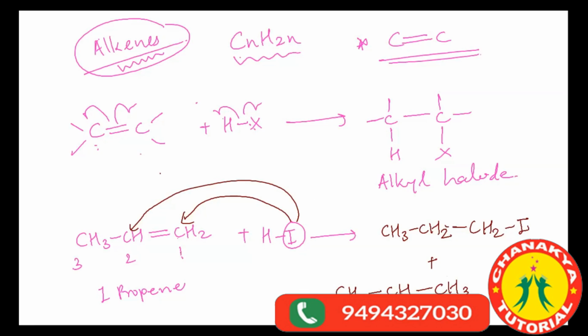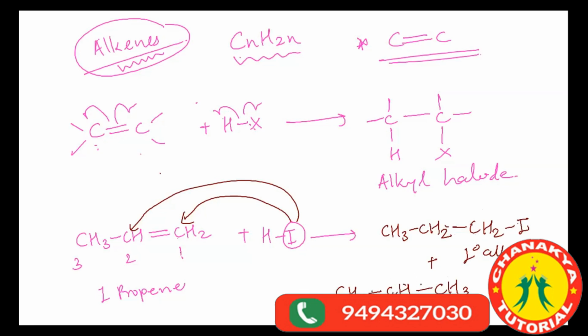Now, one product in this case would be major and another would be minor. So which one would be major and which one would be minor? Tell me. This is your primary alkyl halide, right? Because your halogen group is attached directly to the CH2 group, which possesses how many hydrogens? 2, right? And in the second product, iodine is attached to the carbon which contains only one hydrogen on it and 2 alkyl groups.